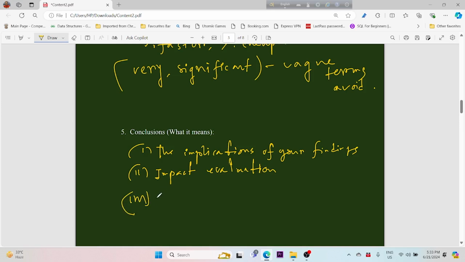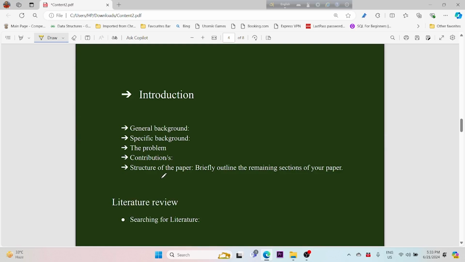And okay, that's it. So these are the abstract parts. You need to follow these techniques to write a good abstract.